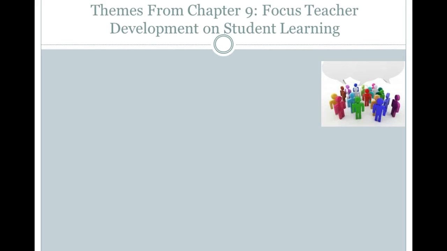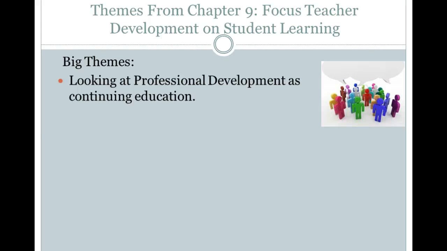So in regard to chapter 9 that you read, there are a few key themes that emerged. First, looking at professional development as continuing education. So developing the expertise of your teachers, and we saw that earlier in this semester, how important that is to have highly qualified teachers who aren't just always relying on the same methods, because those same methods won't always be effective.